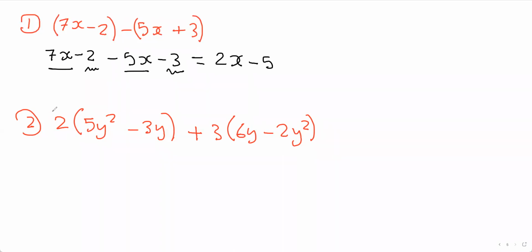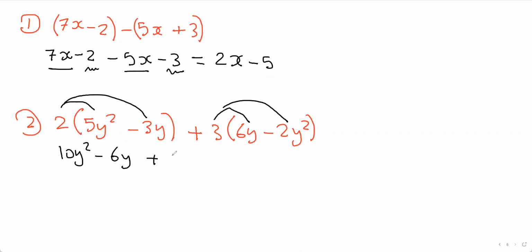We'll go to number 2. Here we have to distribute the 2 into here and into there, and distribute the 3 into here and into there. That's what we need to do first. So we get 10y squared minus 6y plus 3 times 6 is 18y. 3 times negative 2y squared becomes negative 6y squared. Now, like terms is this and this, and these are like terms.